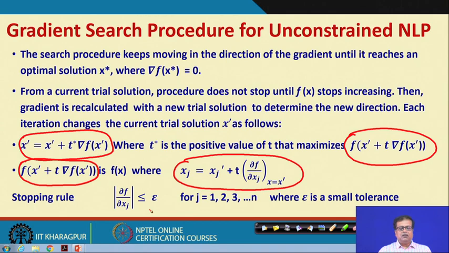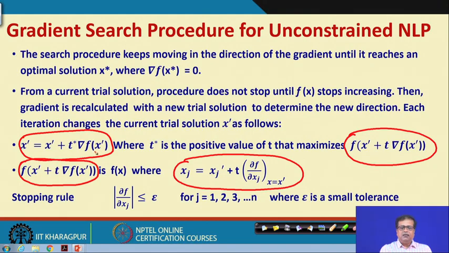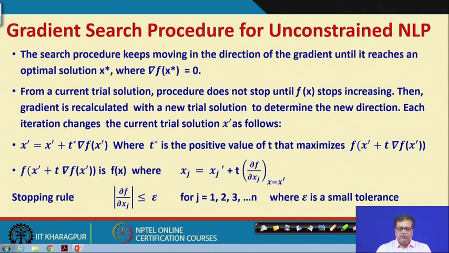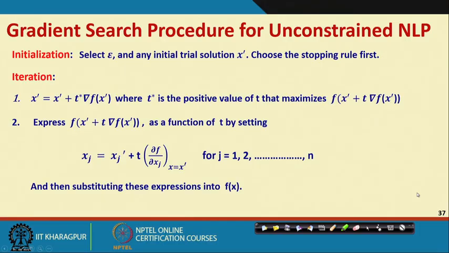Basically, we find a current trial solution and we find out the gradient, and we add the gradient with regard to t and see the functional value at that point, and that we maximize to find t, and then change the x_j's in that direction and make it our new trial solution. So, that is the procedure. It will be very clear once you see a problem, then we can revisit this once again if we have some doubt.